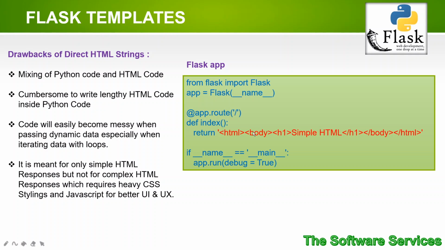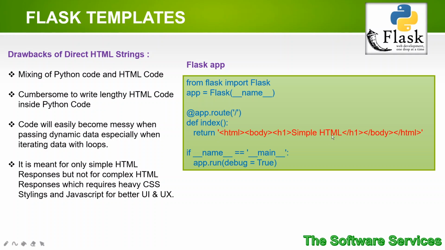That's why we need some system to inject the data dynamically into the template, right? That is where the templates concept comes into the picture, friends. This is the drawback of returning direct HTML strings.